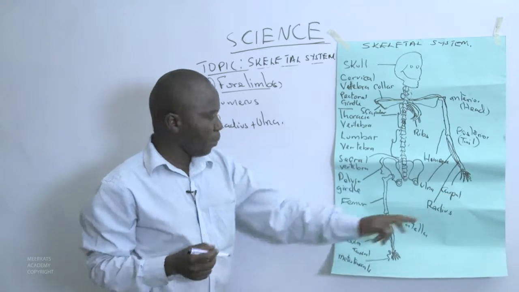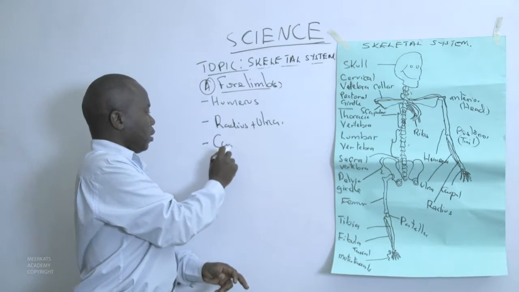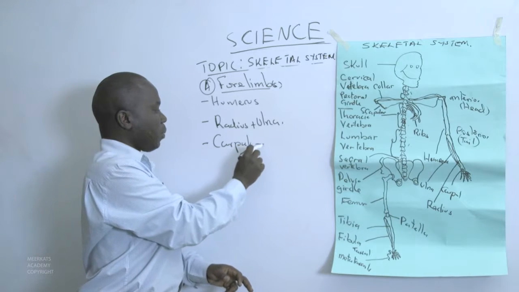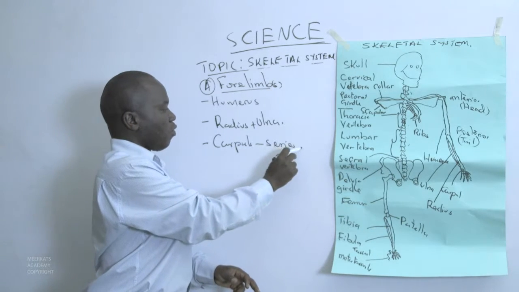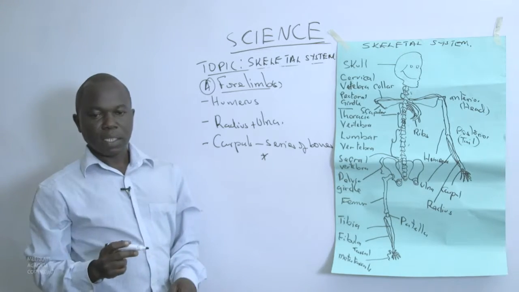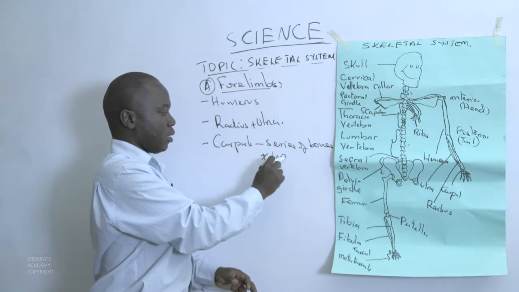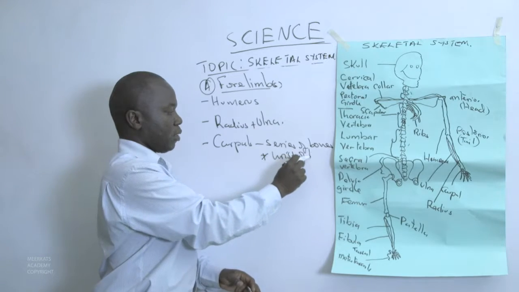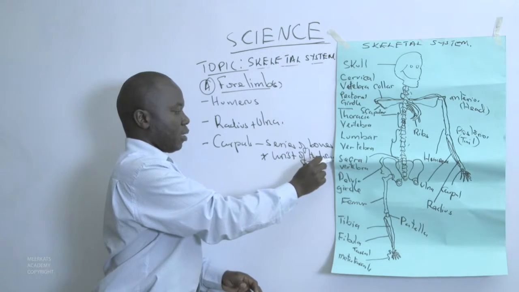Then we have the carpals. Carpals are a series of bones, many bones, found in the wrist of the hand.